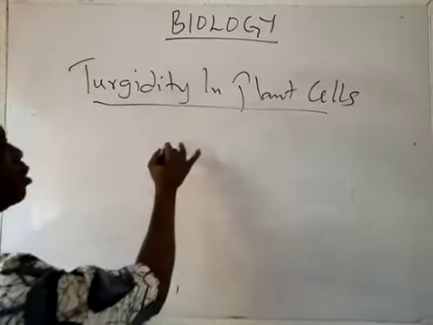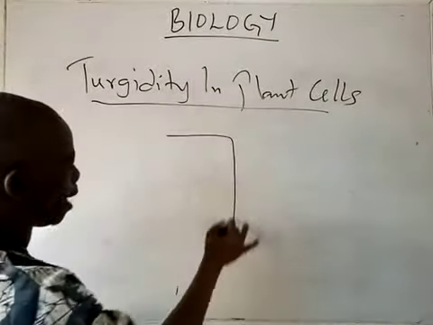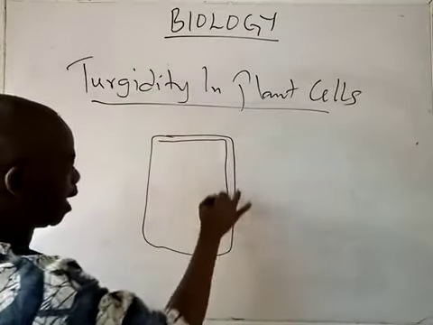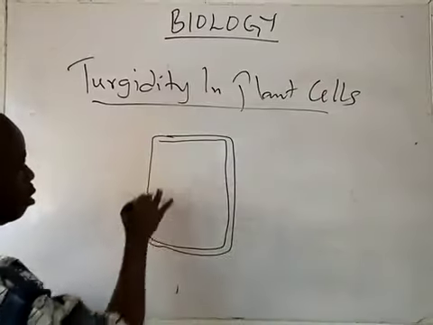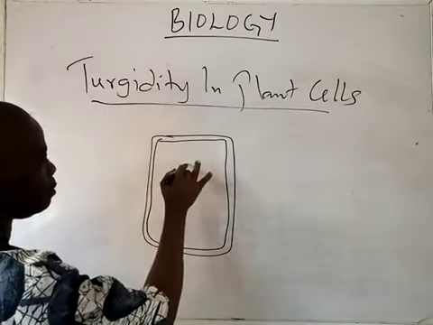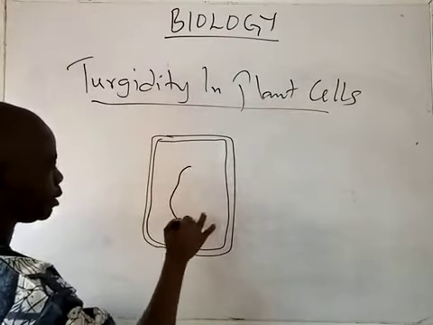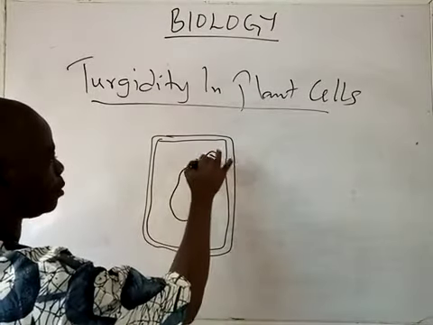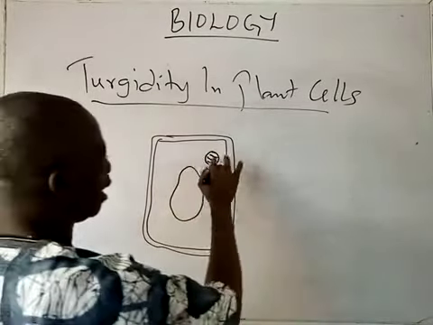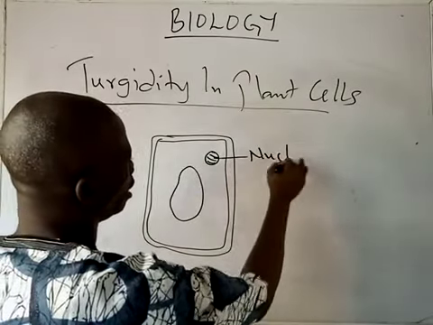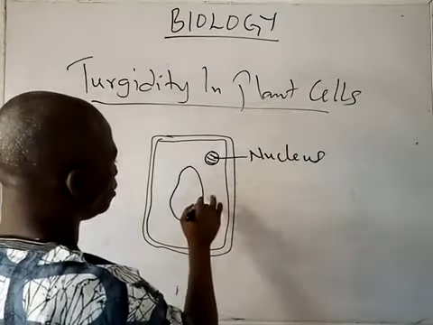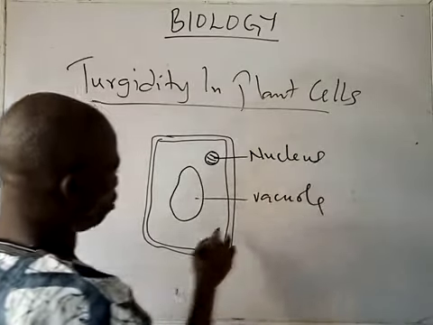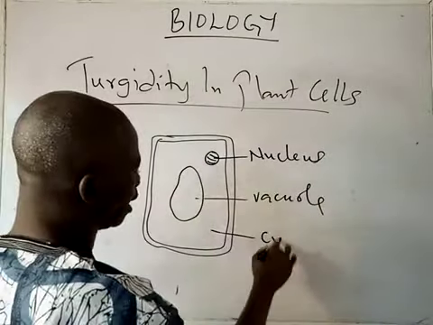For example, if this is our plant cell with its cell wall, and this is the vacuole, assuming that we have the nucleus there, then this one represents our vacuole, and this is our cytoplasm.